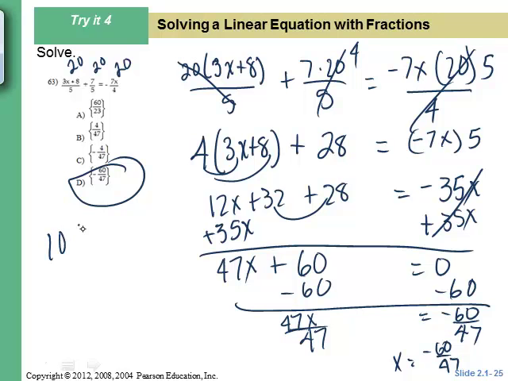105 over 47. Let's go to the other side. Fraction.